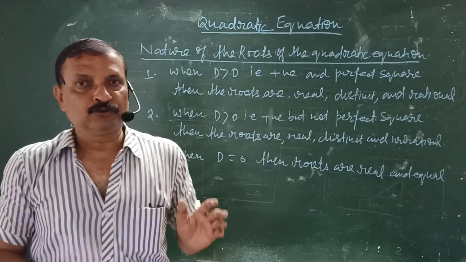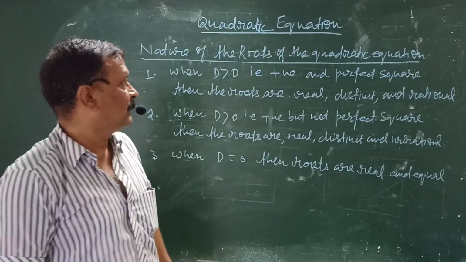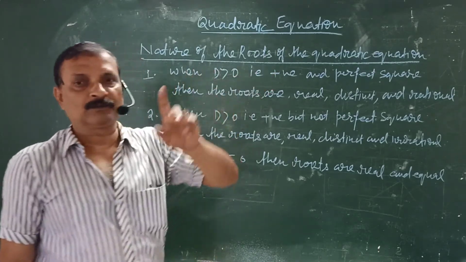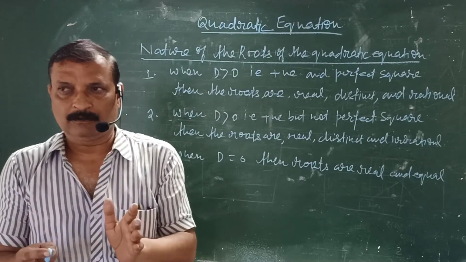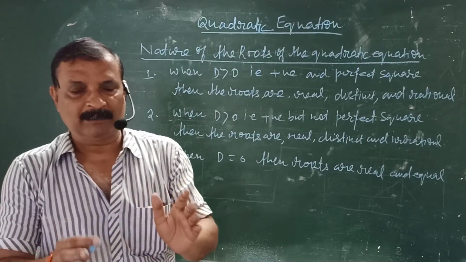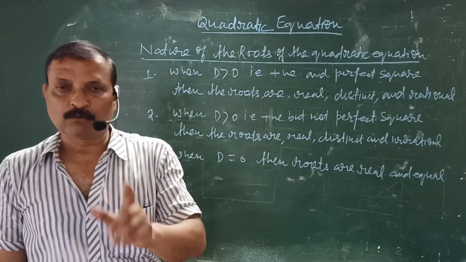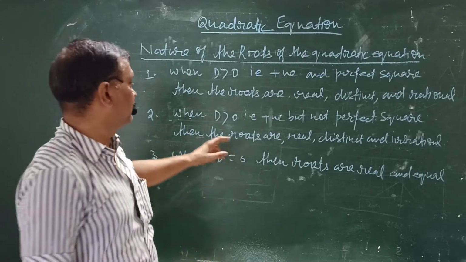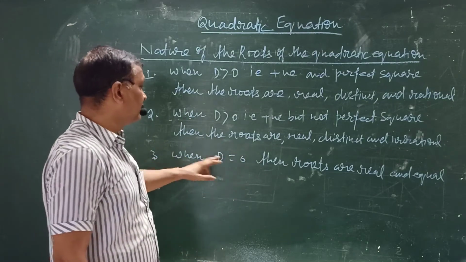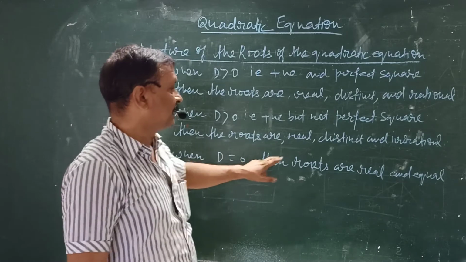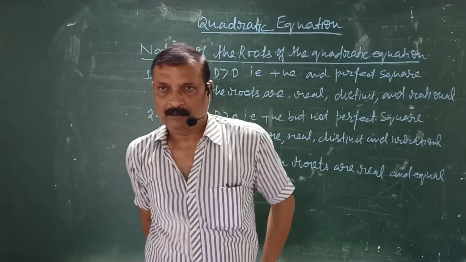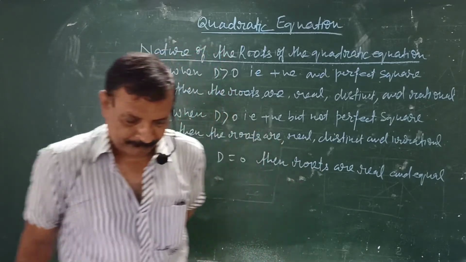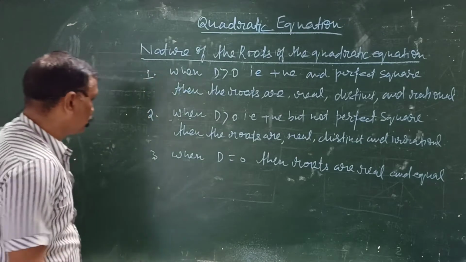अगर D की वैल्यू 0 आती है, उस कंडीशन में जो भी इक्वेशन है उसमें उस वेरिएबल की वैल्यू सेम होगी. रूट्स आर इक्वल का मतलब है उस वेरिएबल की वैल्यू इक्वल होगी. कब होगी? जब D की वैल्यू 0 होगी. When D is equal to 0, then the roots are real and equal. Now the fourth point is when D is less than 0.